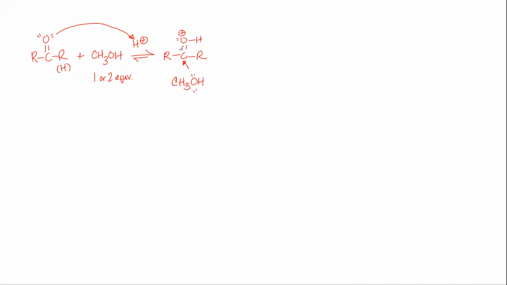And if I use this resonance structure, that pair of electrons will go up to the oxygen. Otherwise, carbon's going to end up with 5 bonds. And so now I'm going to have my OH on the top and my OCH3 with the H on the bottom as an oxonium ion, and then I'm going to have my R there.